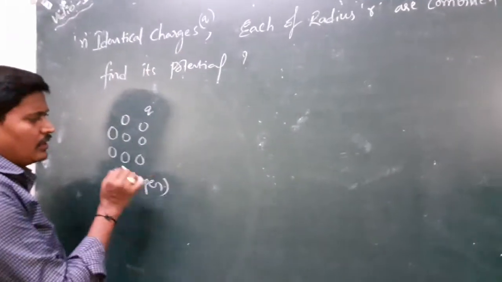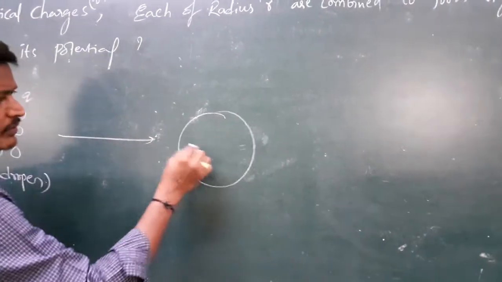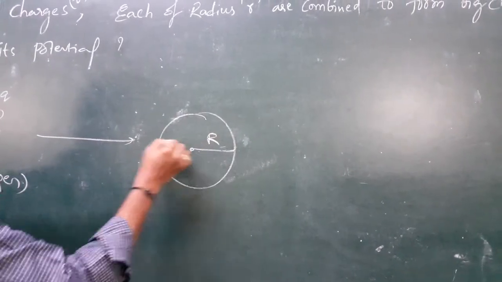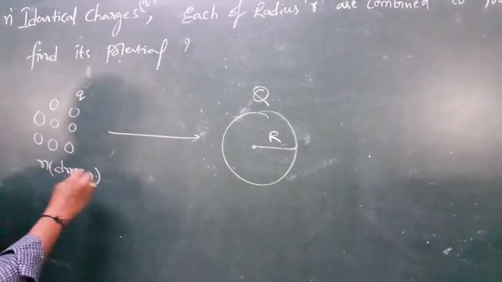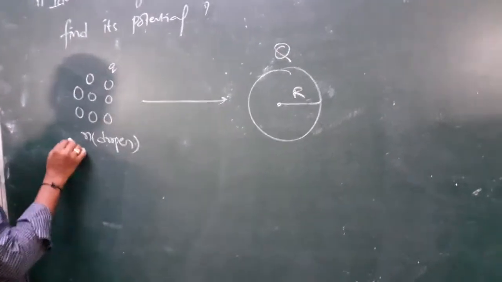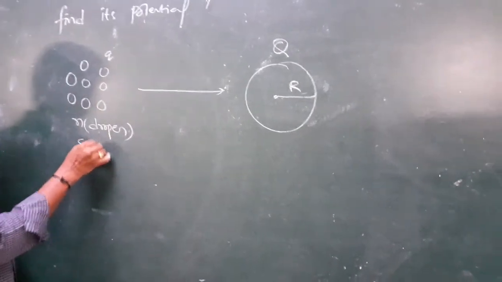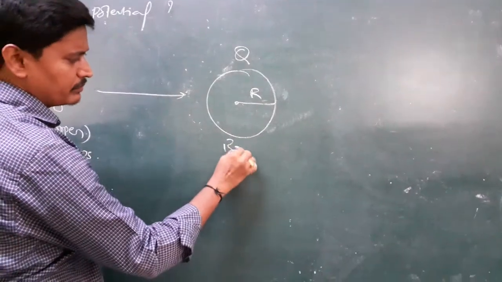This is the question. When the small drops are combined, they form a big drop of radius capital R and charge capital Q.